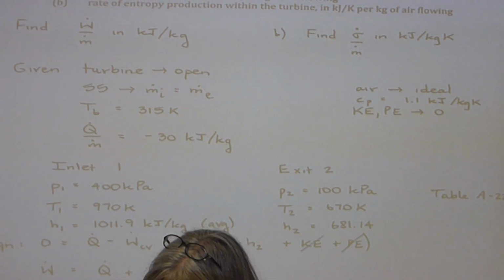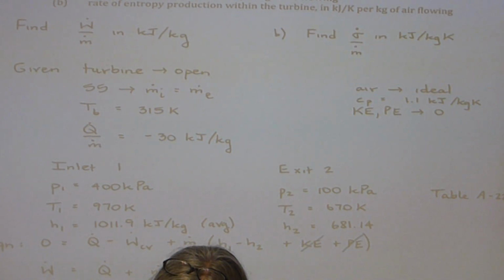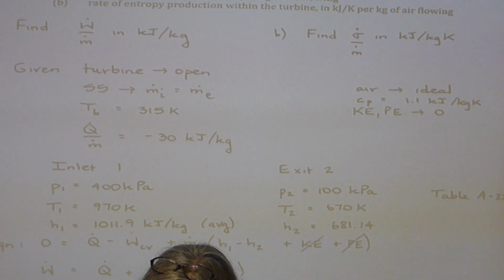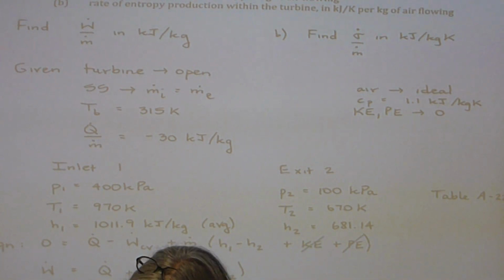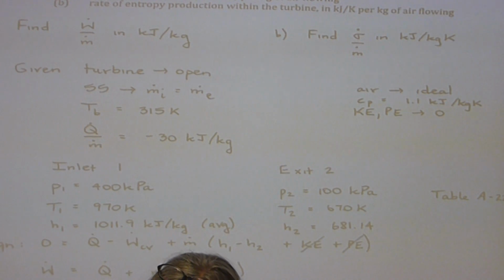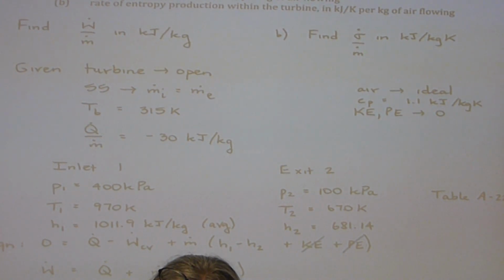So we know the specific heat, kilojoule per kilogram, and then we know T1 minus T2 is 970 minus 670, so this gives us 330 kilojoule per kilogram.